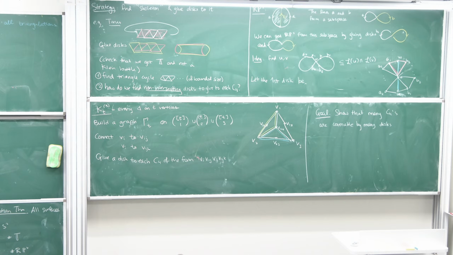So I'm going to use the notation U subset V with this p to say U is randomly sampling each vertex with independent probability p.